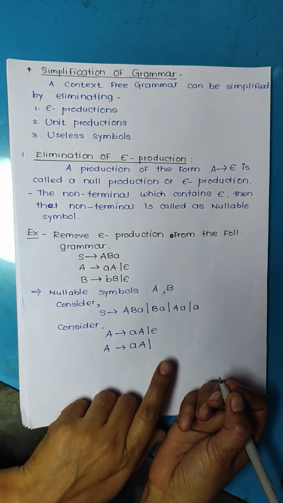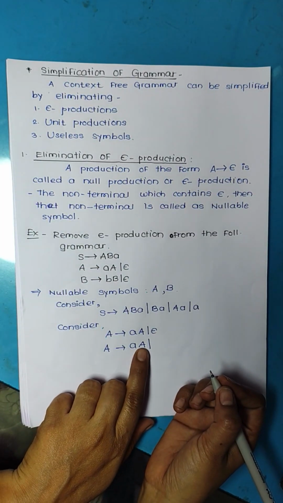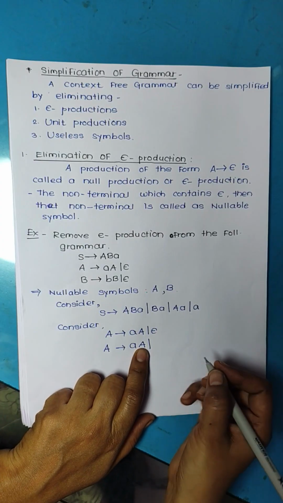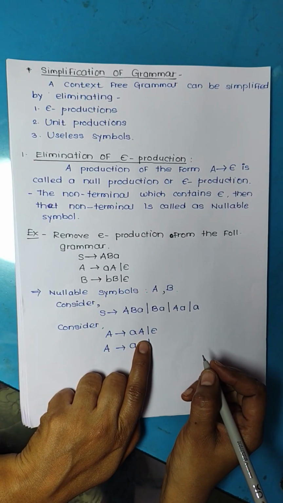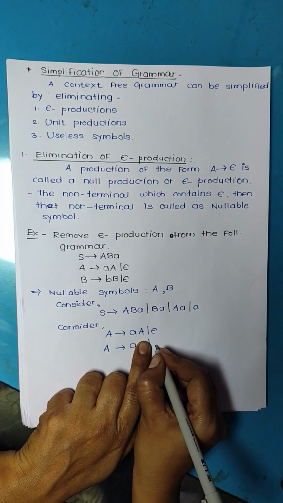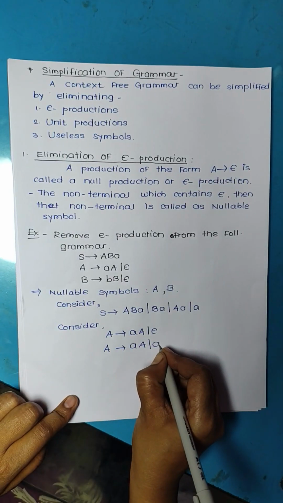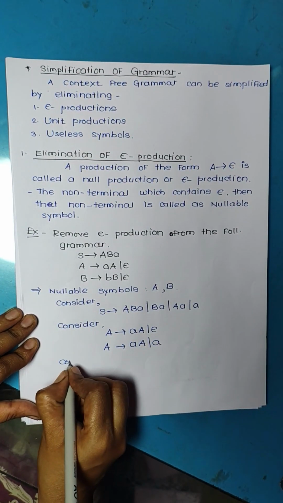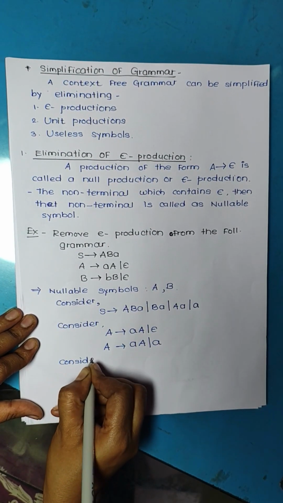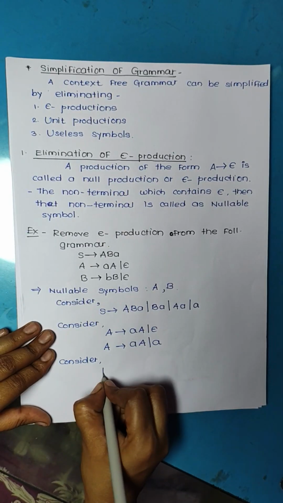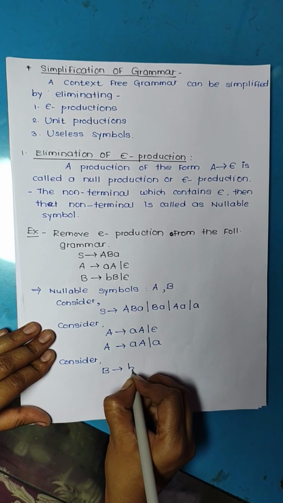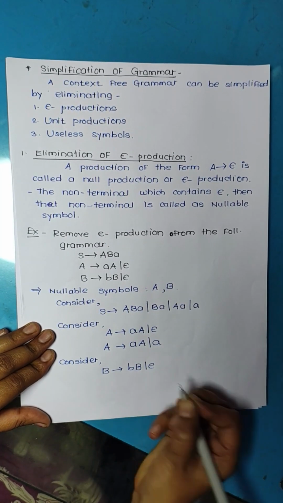This epsilon will be removed, and since A is a nullable symbol, replace it with epsilon. The remaining symbol is A. Then consider the next production, B gives B or epsilon.